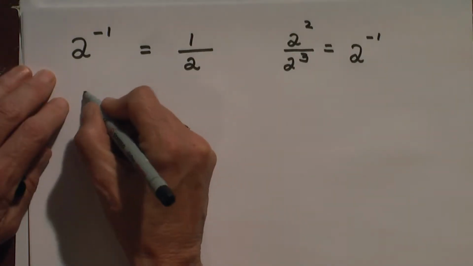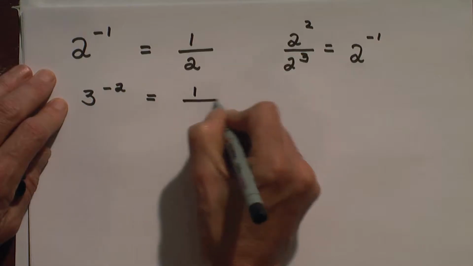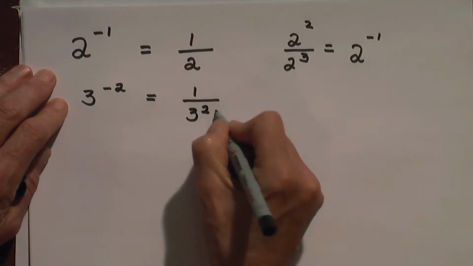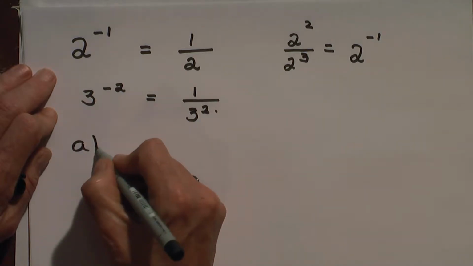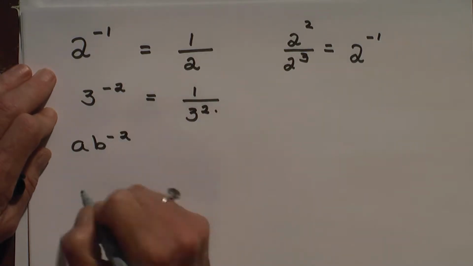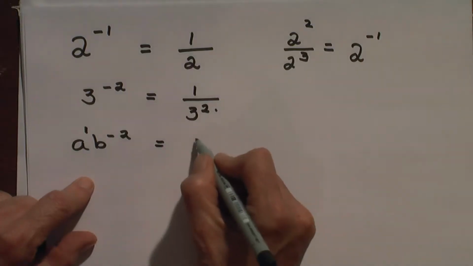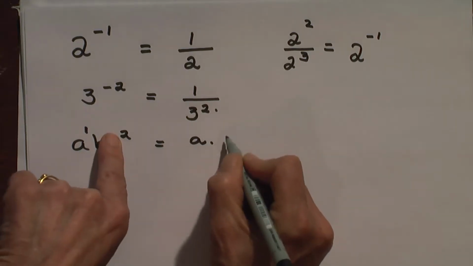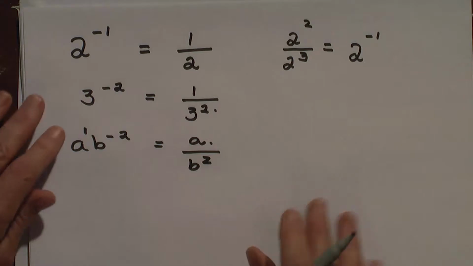So 3 to the minus 2 is clearly 1 over 3 squared, 1 over 9. A, B to the minus 2. Now be careful. That is A to the 1 times B to the negative 2, which means I've got A times 1 over B squared, which gives me A over B squared.